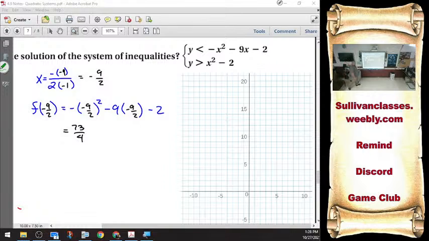So -9/2, so 1, 2, 3, 4.5. 18 1/4. 15, 16, 17, 18 1/4. You can wing it. You see where the numbers are.